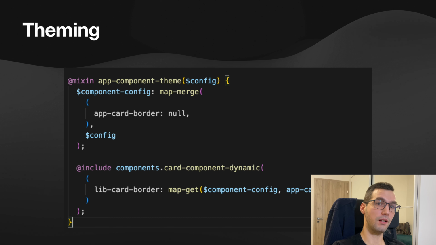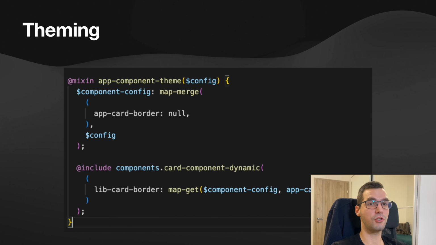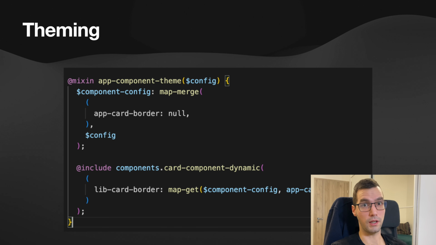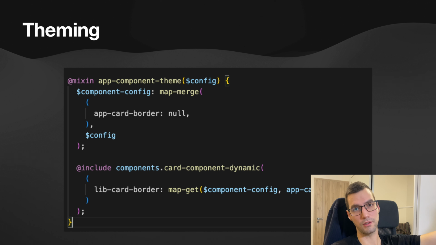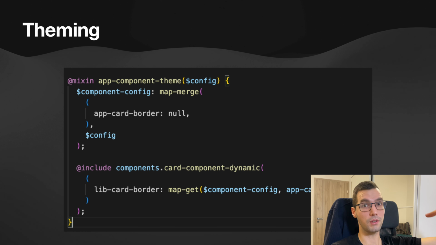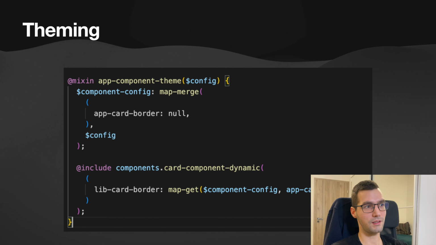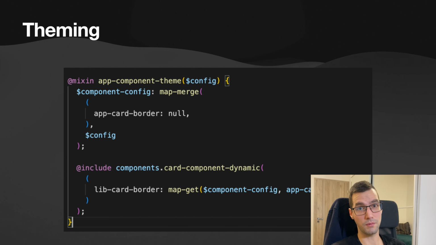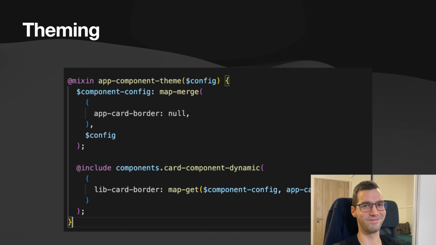So from the top level, when we start or load the application, we define what we want generally to, for example, this libcard look like. In different other components or views, we might want, like for the tabs, we might want them to look differently. Just include the defined component, card component dynamic theme mixin, and pass a new value that will override the initial one and also the default one.